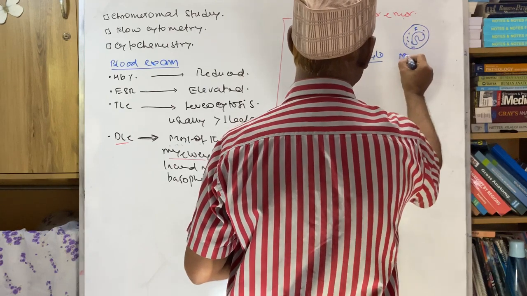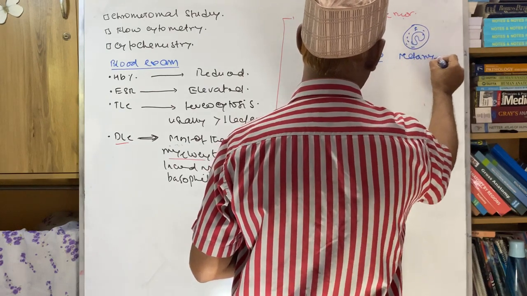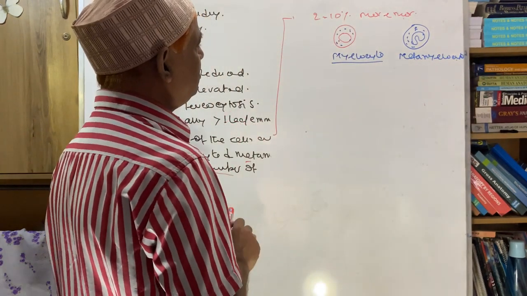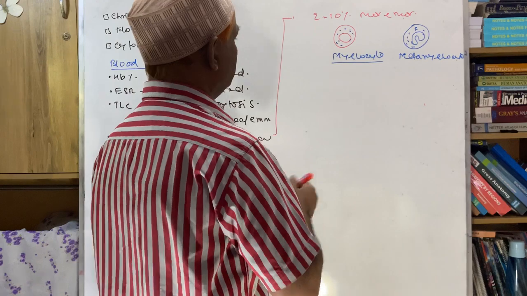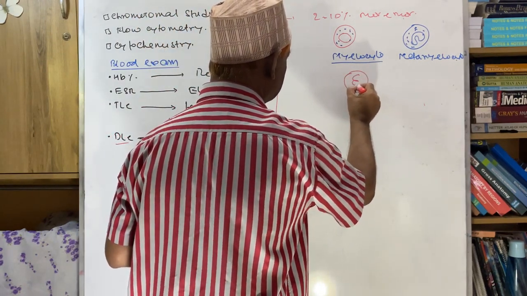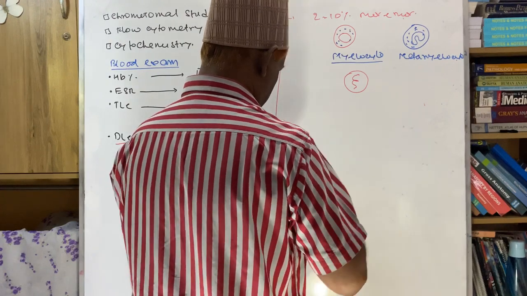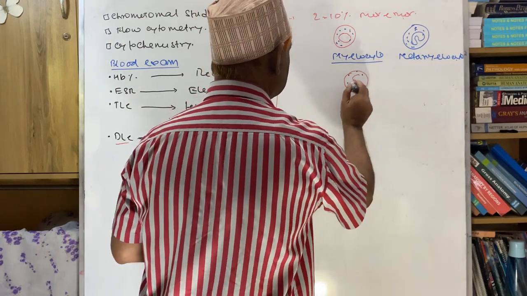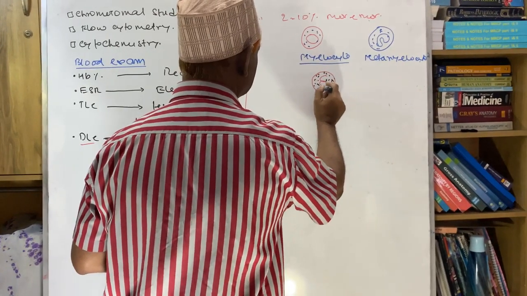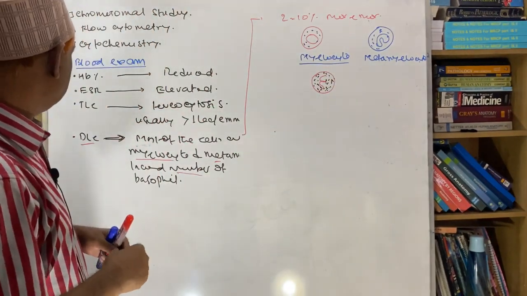So this is the metamyelocyte. And along with this increased number of myelocytes and metamyelocytes, you will get basophils. If it is a basophil, this is the nucleus like this, and these are the granules. So this is the DLC.